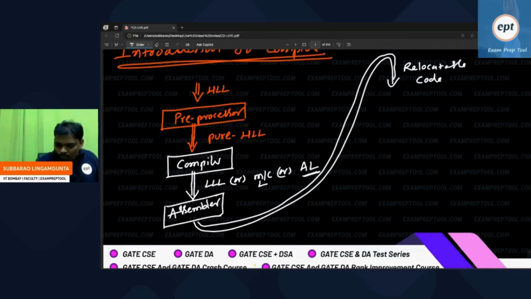Anyhow, relocatable code. So assembler input is assembly language, output is relocatable code. Some people are asking what it means. I will explain within few minutes. Now see correctly. Assembler, okay. Next one is linker. The linker will convert relocatable machine code.